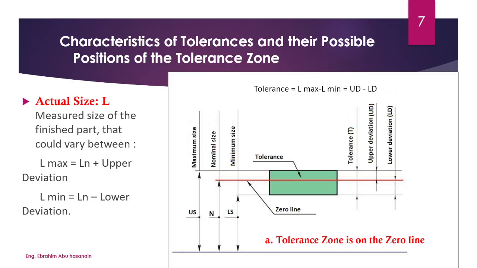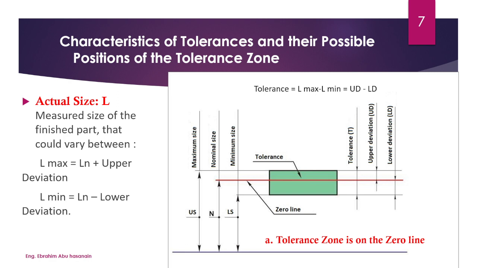Let's talk about the characteristics of tolerance and their possible position on the tolerance zone. We have the actual size and L nominal. The actual size is the measured size of the finished part. Ln is the nominal size; our goal is to have a 50 mm part.